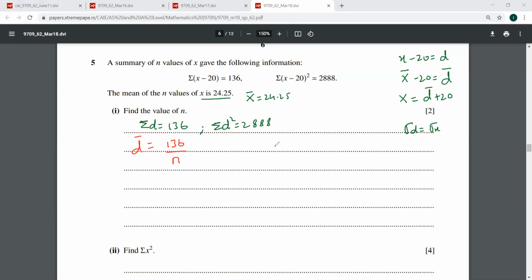Now through this relation, the original mean 24.25 minus 20 is equal to the coded mean, that is 136 over n. So this is 4.25 equal to 136 over n. So your n is going to be 136 over 4.25. Use your calculator and tell me what is this n.